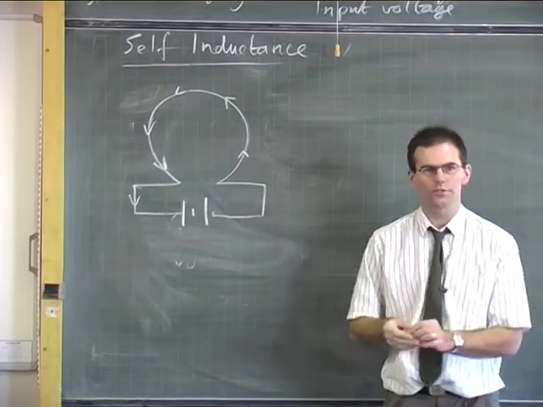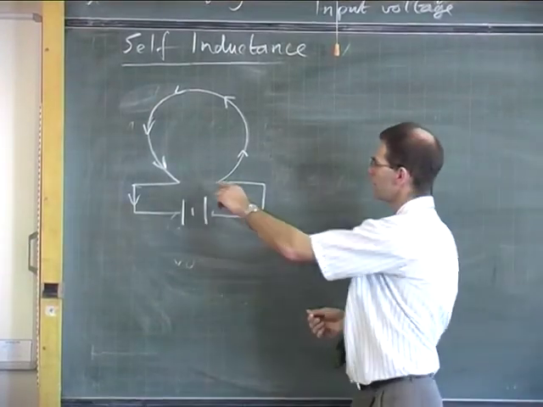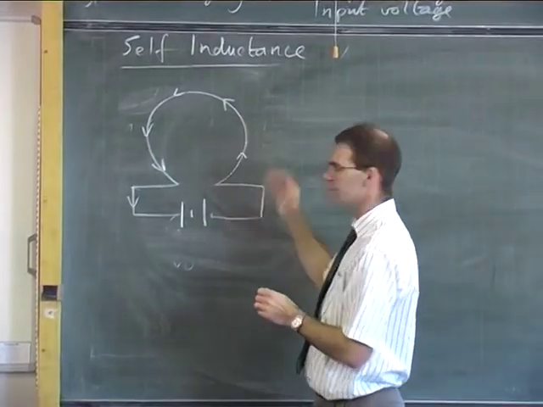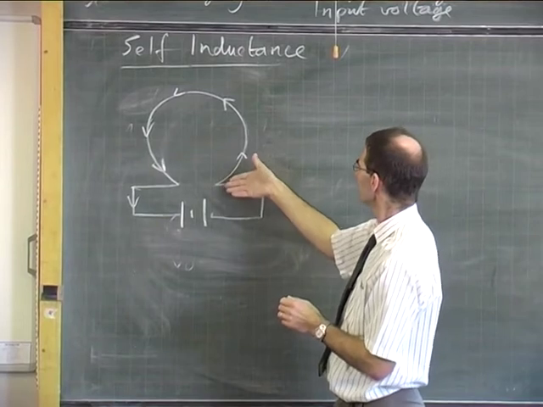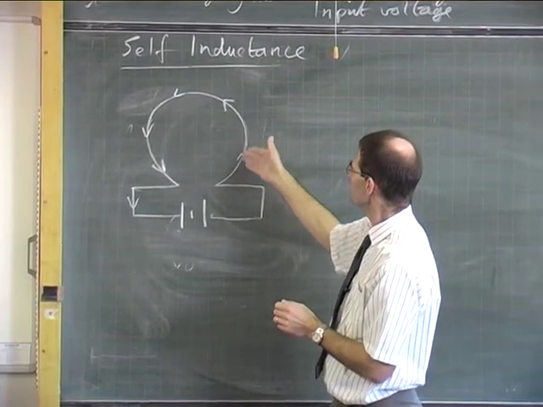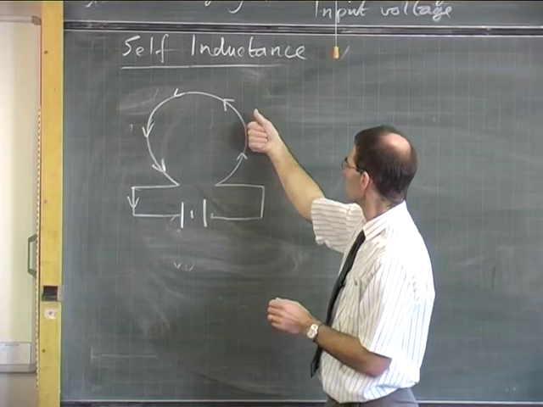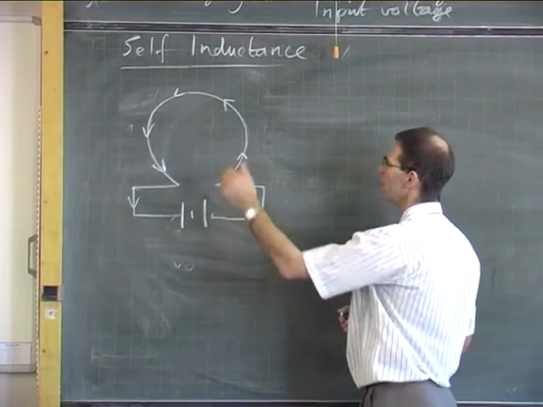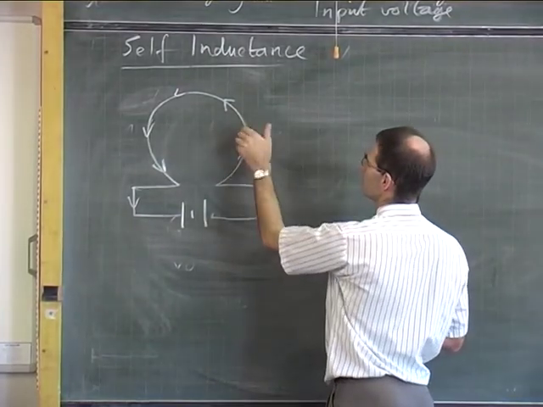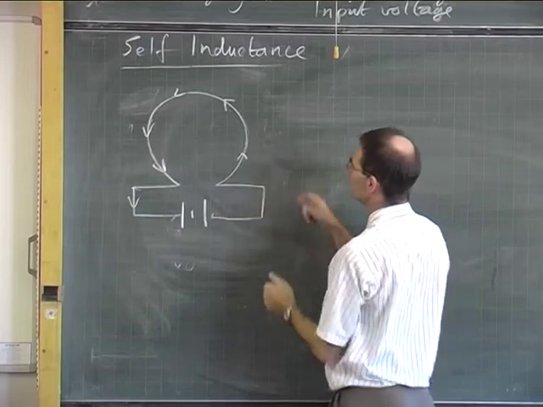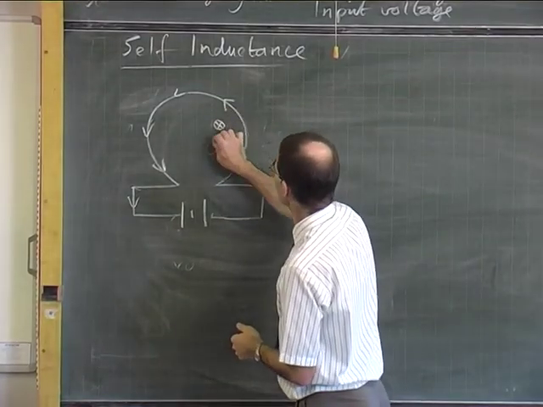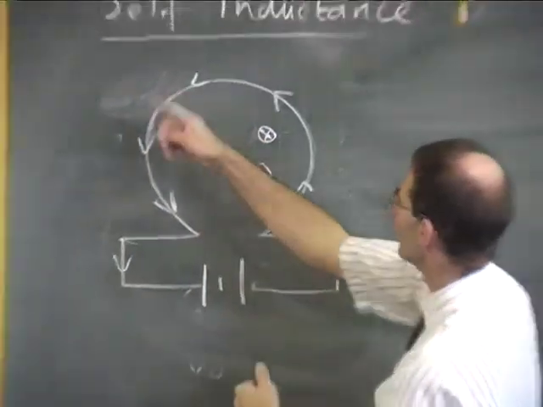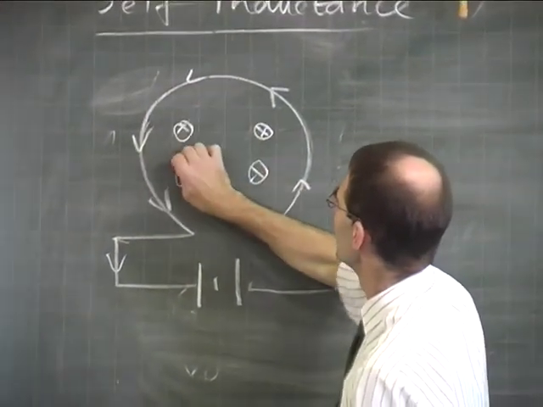As soon as you try and switch on the current, because we're using the left hand rule, the motion of the electrons is that way, and you're gripping around that way, it's going to cause a magnetic field going into the page over here. As it comes down that way, again it's going to be curving round, and again it's going to be going into the page on that side.